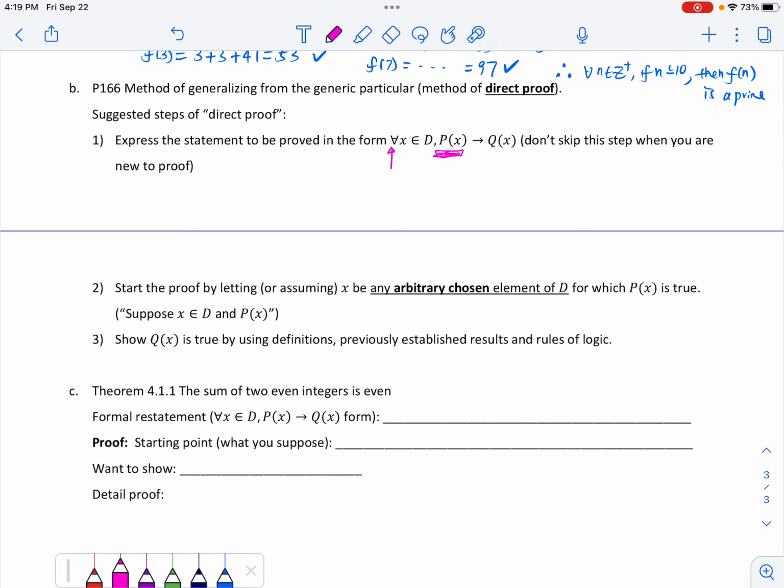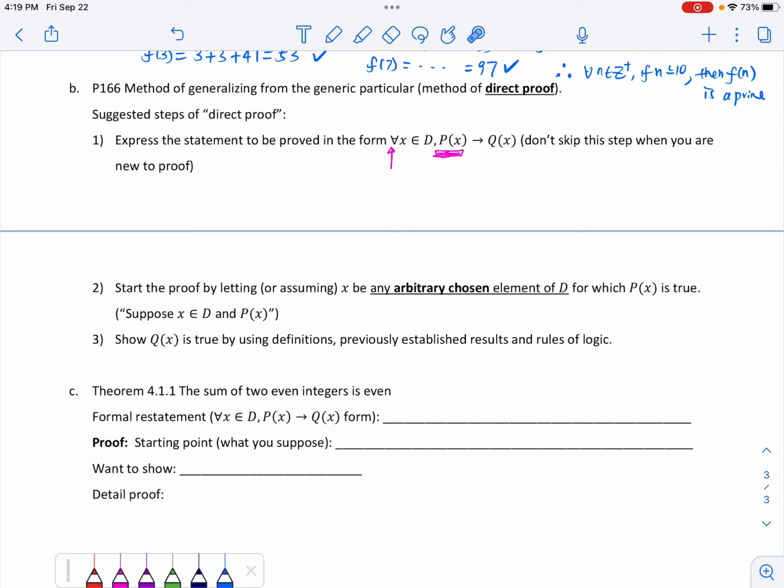Because this is "for all", that means arbitrarily chosen from set D. At the same time, P of x is true because that's your assumption. So that's usually the language that will be used. Suppose x is from this set D and this statement is true. That's what you would say.